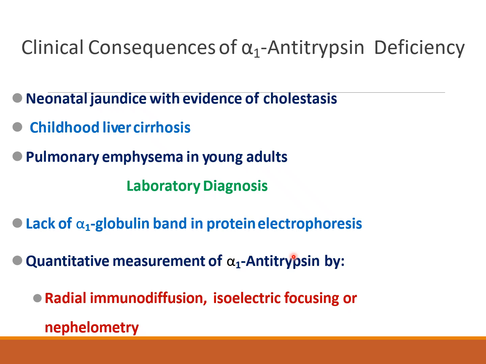I've shown it in the graph in the previous slide. So the alpha-1 globulin in protein electrophoresis is deficient. And these can be measured by radial immunodiffusion, isoelectric focusing, or nephelometry. Just learn the technique. Whatever technique we are telling, just learn it.